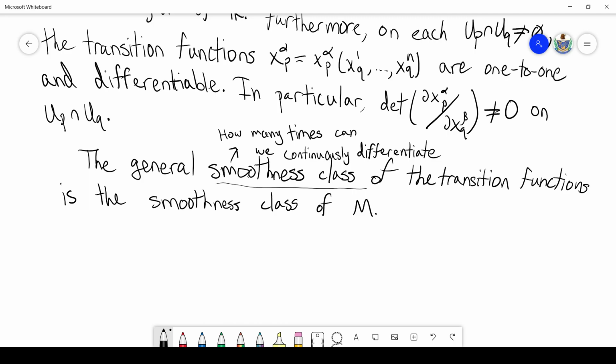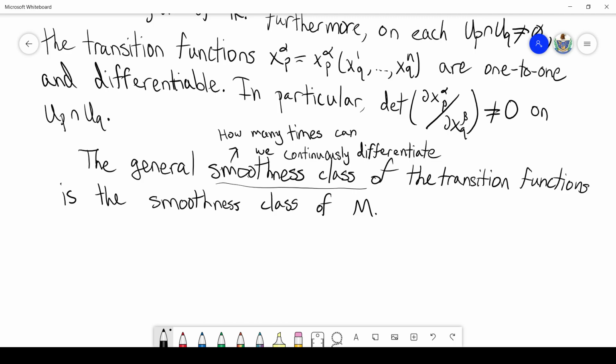In particular, throughout the series, we're going to be assuming that our manifolds are as smooth as we need them. So if we have a proof that's using second derivatives, then we're going to be assuming that those second derivatives are continuous, right?